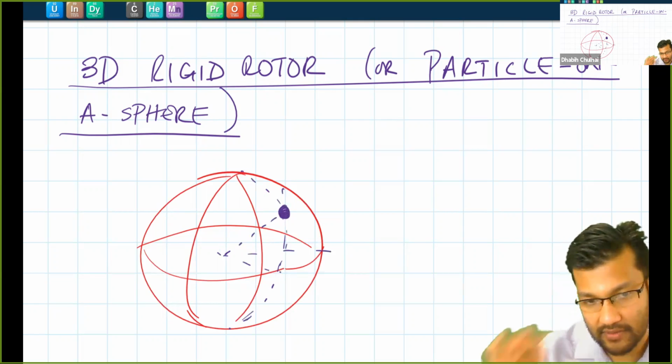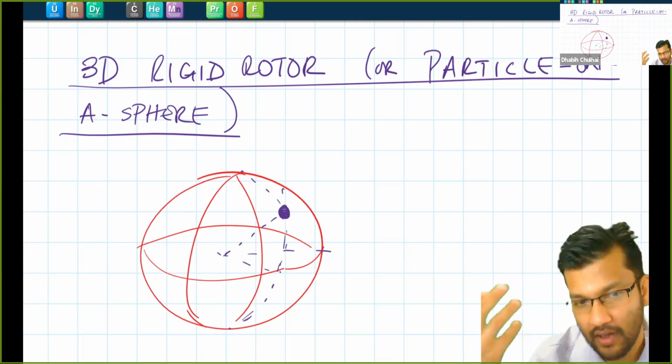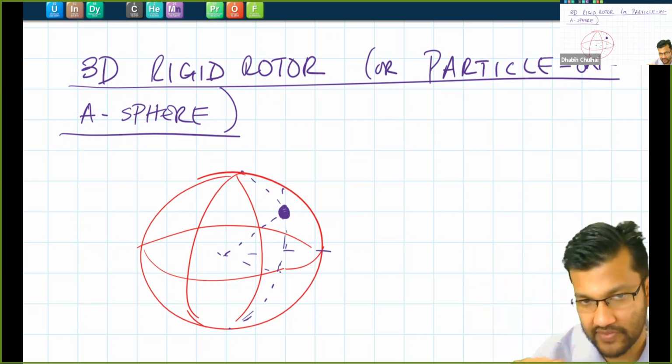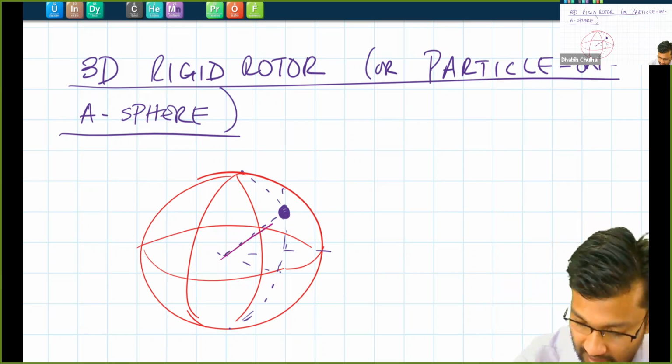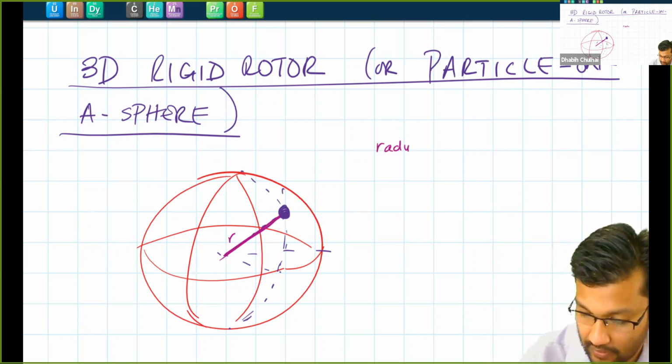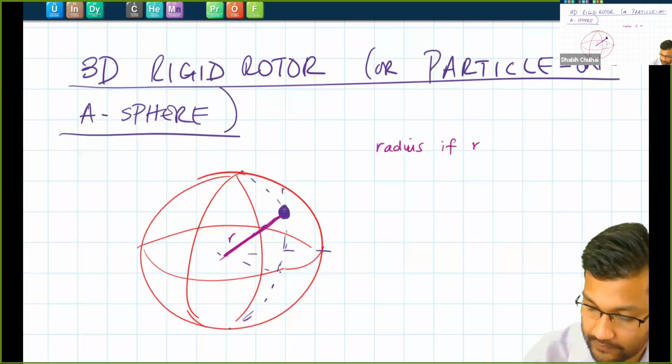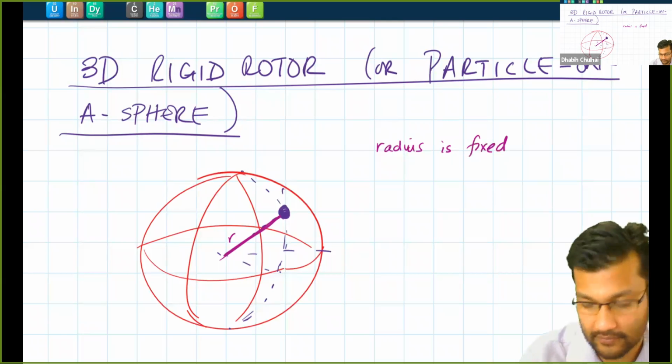You have a particle, like on the surface of a ball, and the particle is stuck to the surface of the ball, right? So the radius here, whatever that radius is, is going to be fixed again. Radius is fixed.